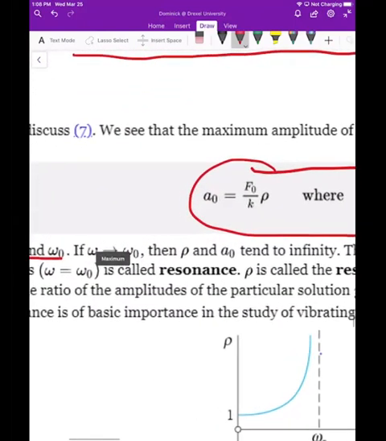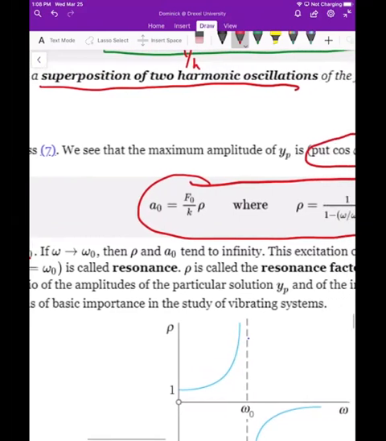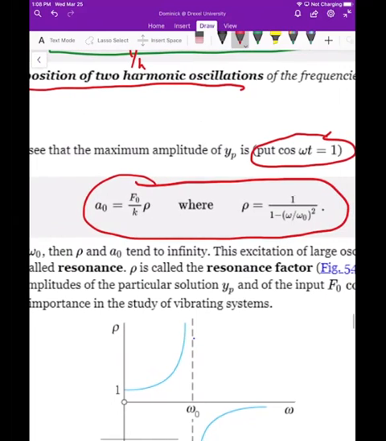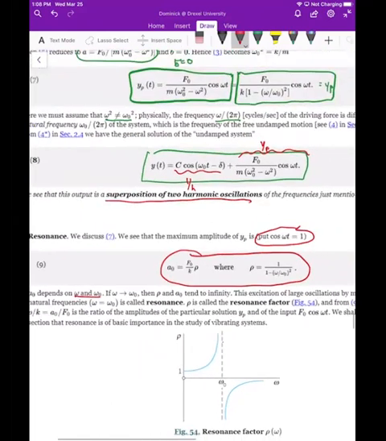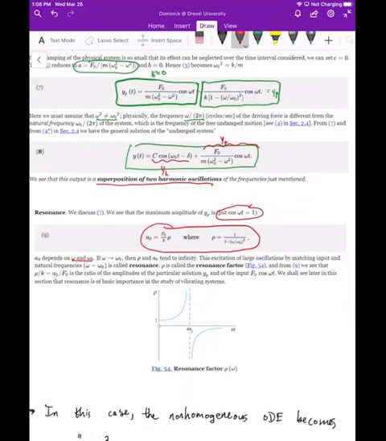If your omega is tending toward omega 0, the frequency for the homogeneous or unforced version, then A0 is going to tend to infinity. That's what we essentially call the resonance.